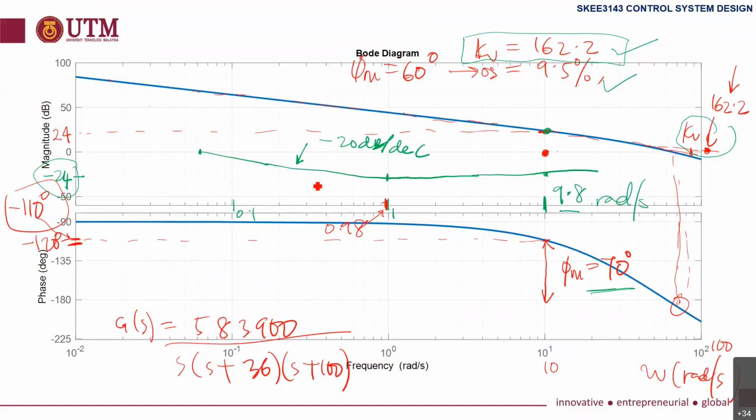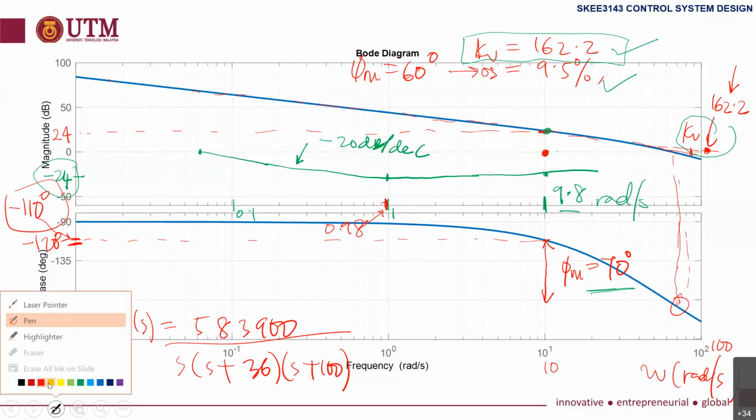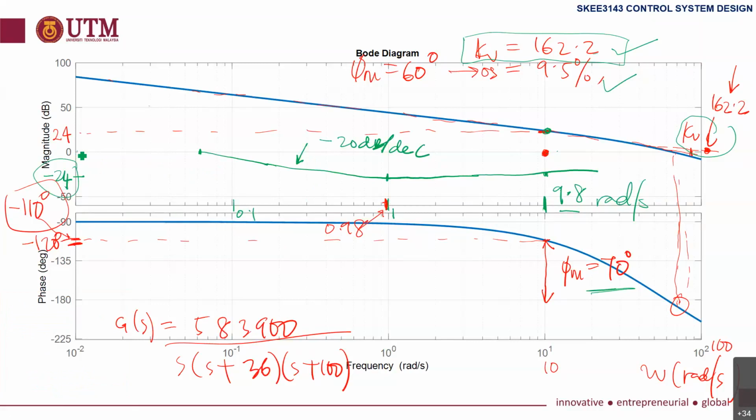It will be a parallel line, because they have the same slope. Okay, then after that it will be 0. This is the lag compensator.